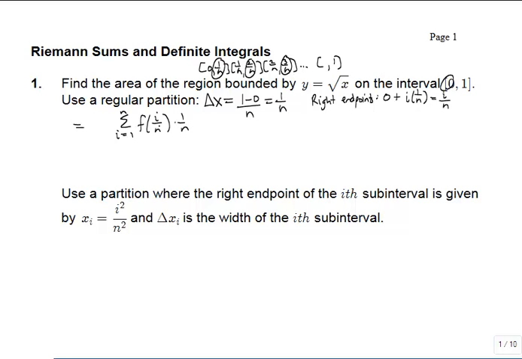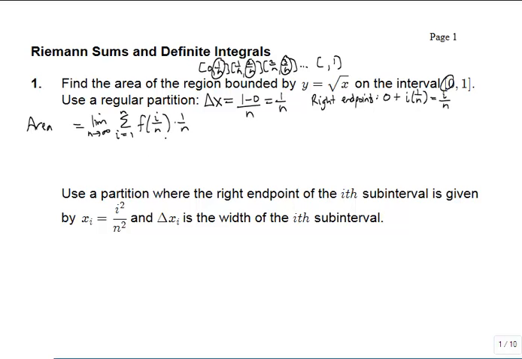So we get heights times widths, which becomes areas, and we're summing up all n of these rectangular areas. Now to turn this into the exact area, we take the limit of this as n goes to infinity. So we make these rectangles get smaller and skinnier, and that means we get more and more and more of them. And that turns this approximation into an exact value.